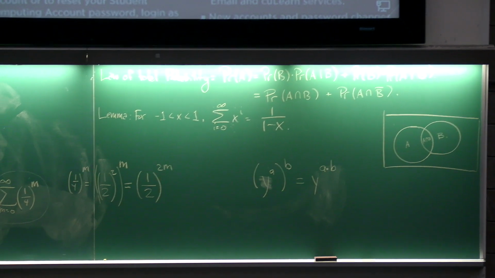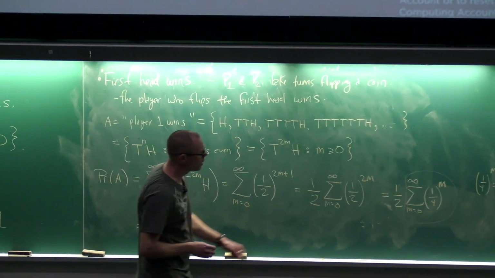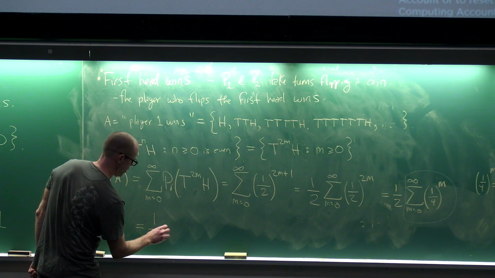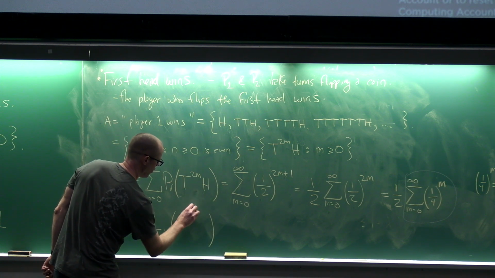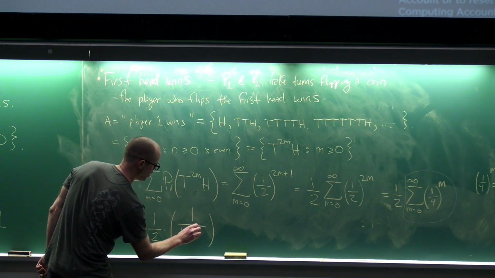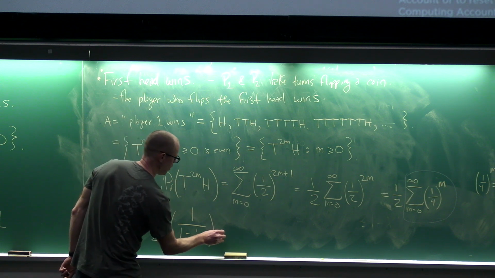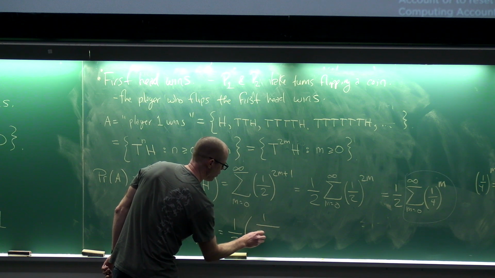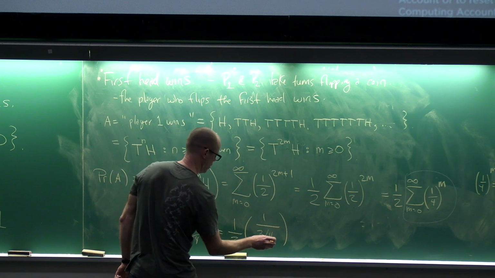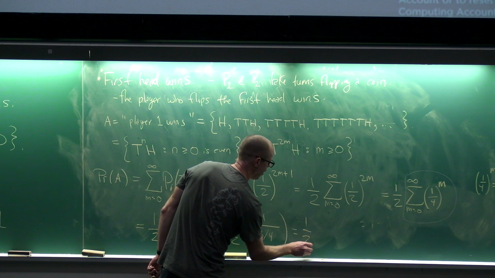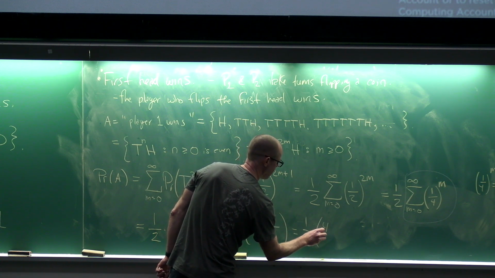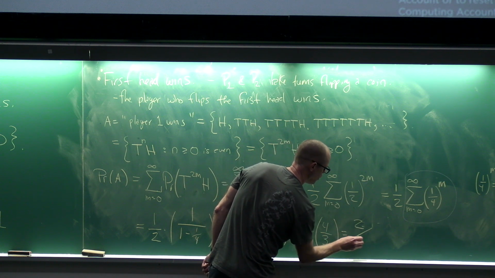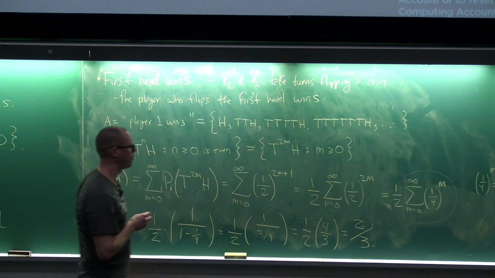And the formula tells us that that is, we won't forget our 1/2, 1/(1 minus 1/4), which is 1/2 times 1/(3/4), which is 1/2 times 4/3, which is 2/3.